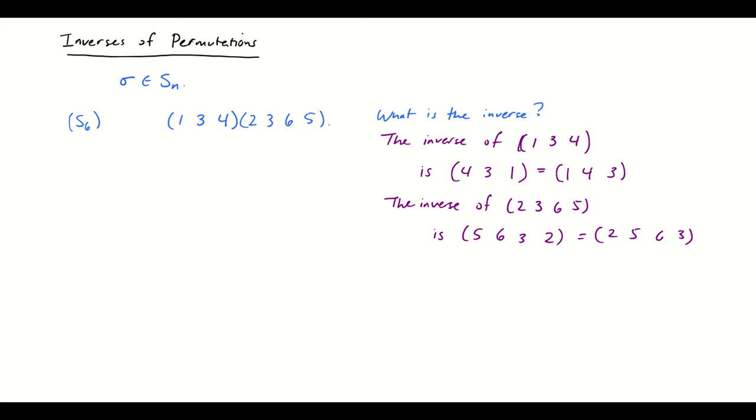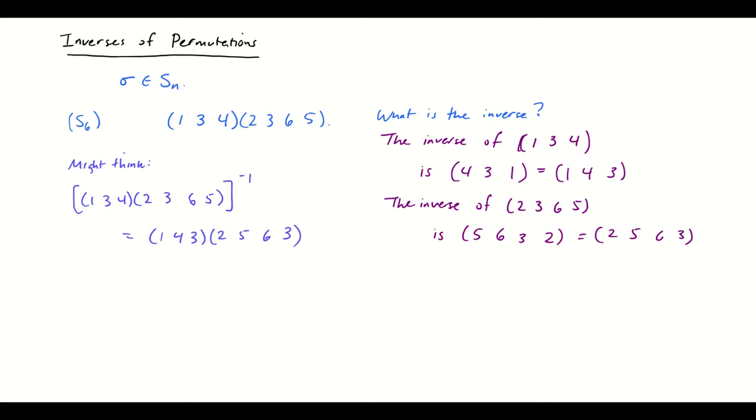Okay, so coming back here now, you might think the inverse of 1, 3, 4, 2, 3, 6, 5 would be this: the inverse of the first cycle is 1, 4, 3, and the inverse of the second cycle is 2, 5, 6, 3.